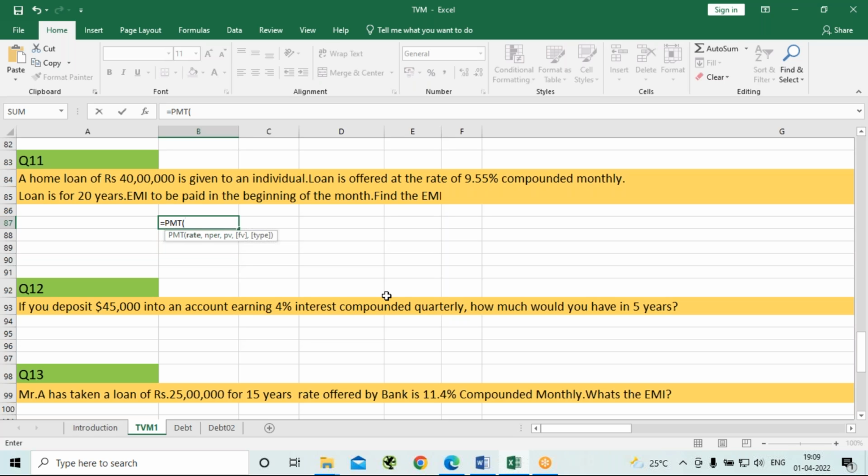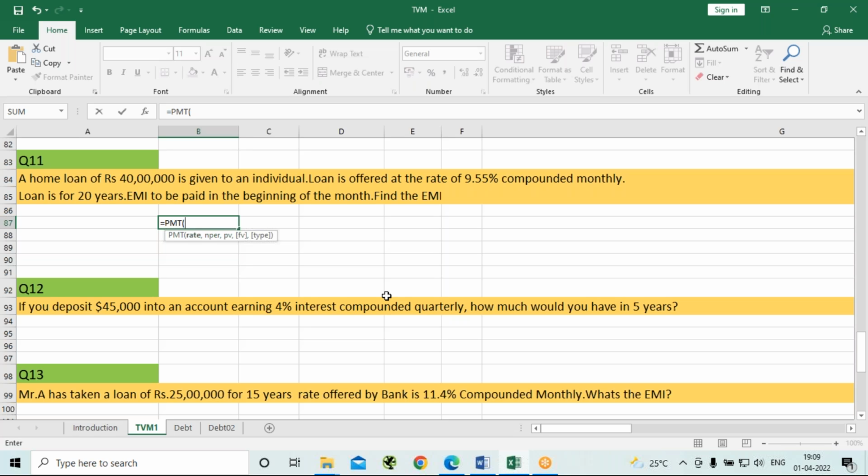Please make a note: when we were calculating present value and future value, we were keeping the PMT as 0. But now, when we calculate the PMT value, we keep FV, future value, as 0, because when you take the loan, the amount comes to you now. Presently it is with us.